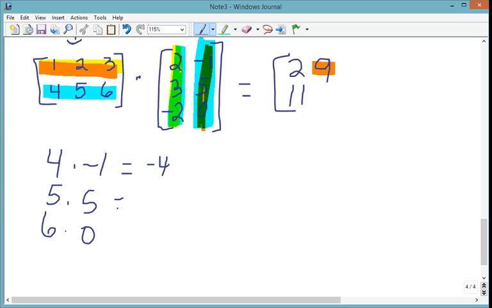Negative 4, 25, and 0. So 21 when I add them up. And so that was second row, second column. So my answer goes second row, second column. Okay, so when I multiply these together, I get the matrix 2, 9, 11, 21.